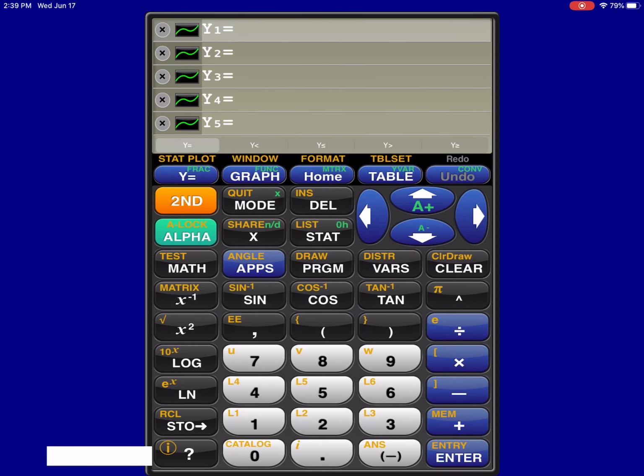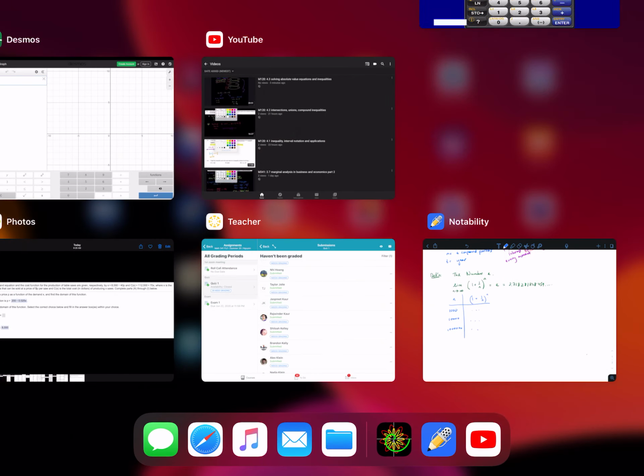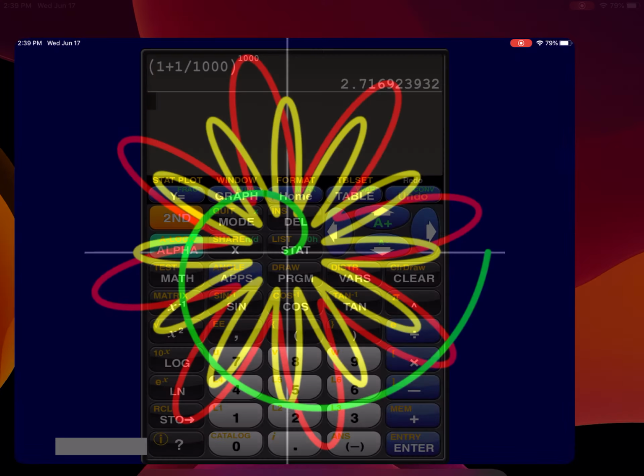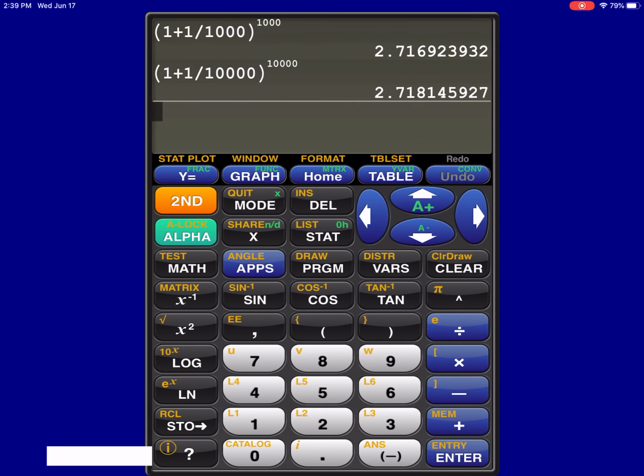Let's just exit that out. Now let's try with 10,000. Raise to the 10,000, and you see the number now becomes 2.71814. Let's try one more, 1 million. When n is 1 million.